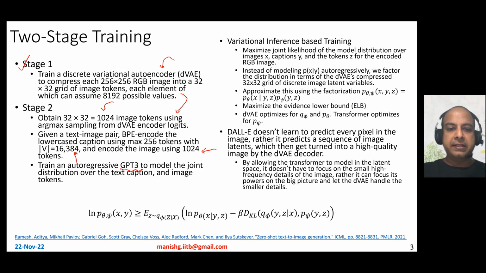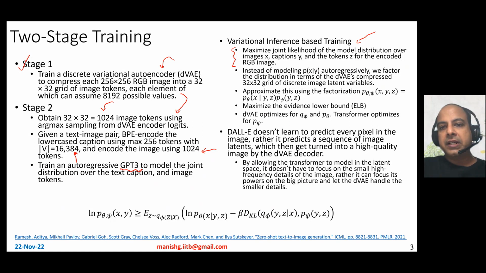Now, modeling this thing is a little difficult, and therefore, what DALL-E does is variational inference-based training. So the idea is, of course, ideally to maximize the joint likelihood of the images X, captions Y, and the tokens Z, which are a representative of the image given the dVAE, right?